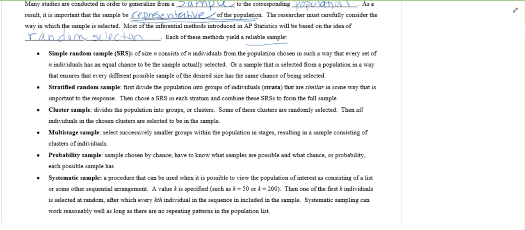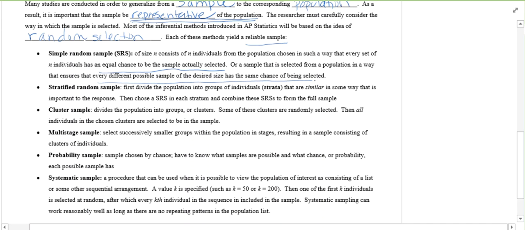So there are a couple key things to this: every individual has an equal chance to actually be selected, and also the sample is selected in such a way that every different possible sample of the desired size has the same chance of being selected. Those are the two things that are going to set the simple random sample apart.